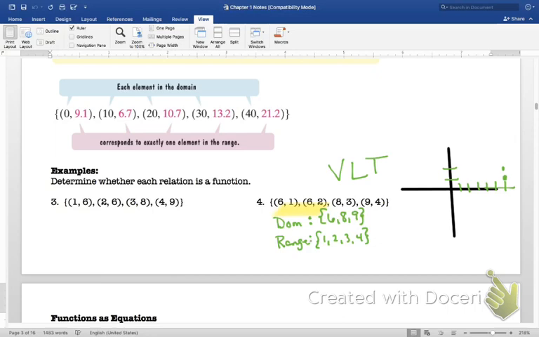I should never have more range values than I do domain values. I can always have more domain values than range values, or they could be the same amount, but if there are fewer domain values than range values, then it should send up some sort of red flag.